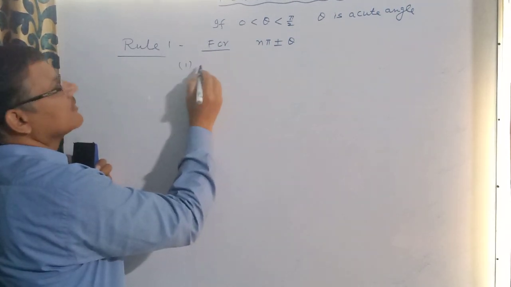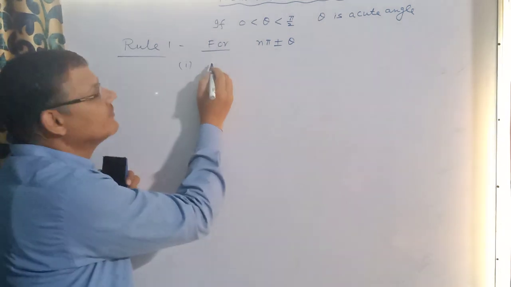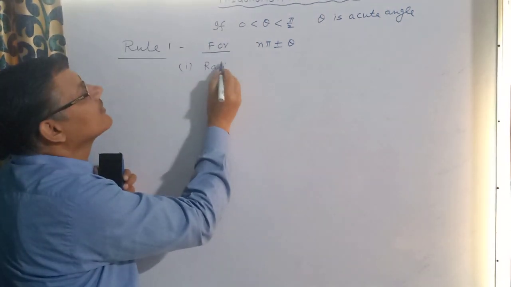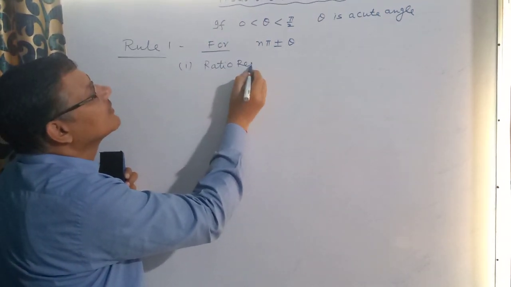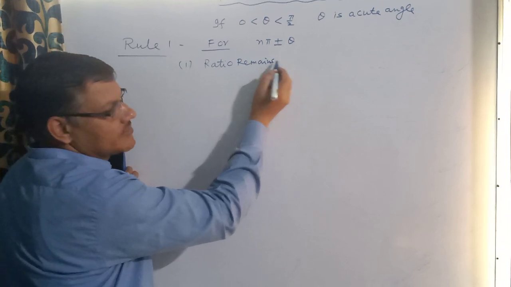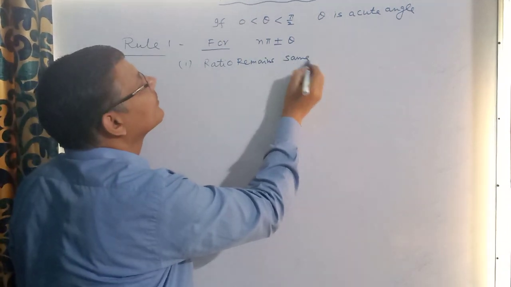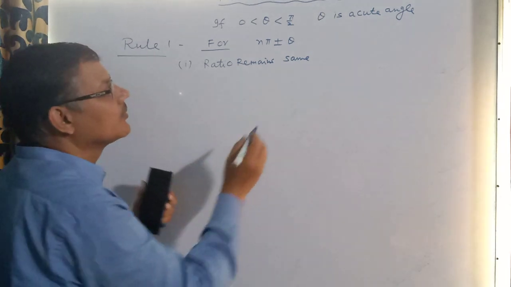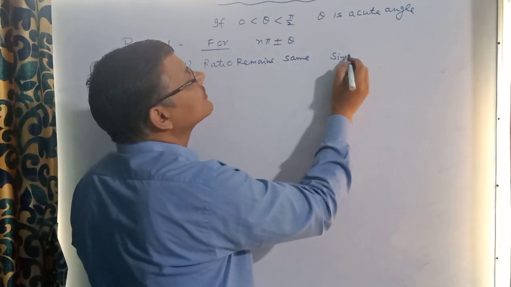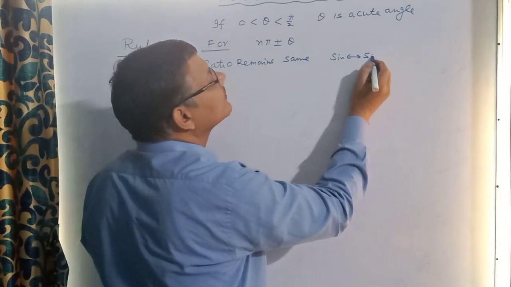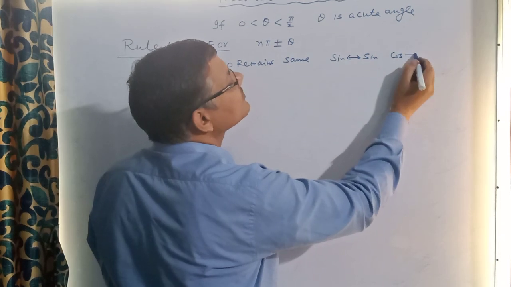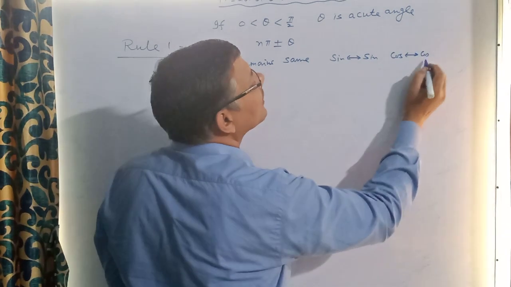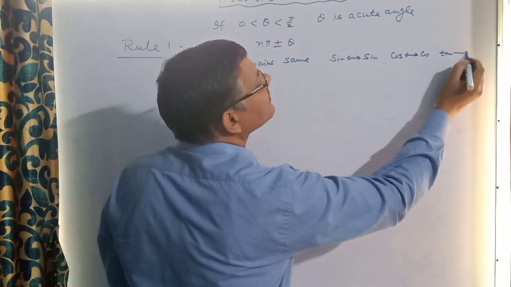Part 1: the ratio remains the same. It means sine changes to sine, cos changes to cos, and tan changes to tan.